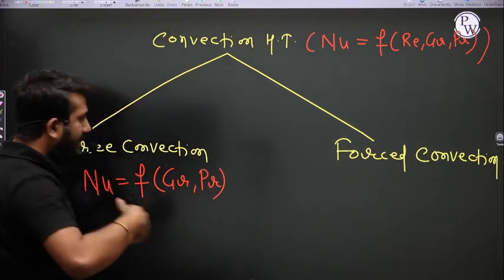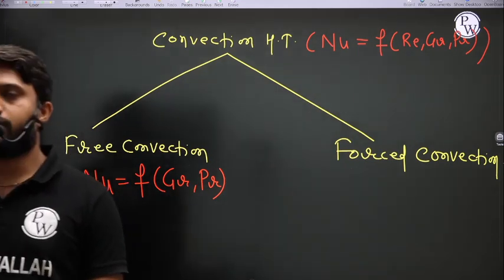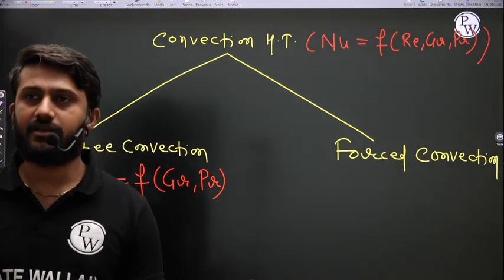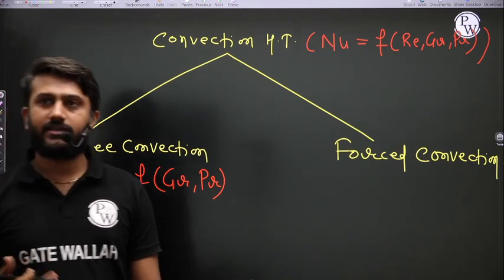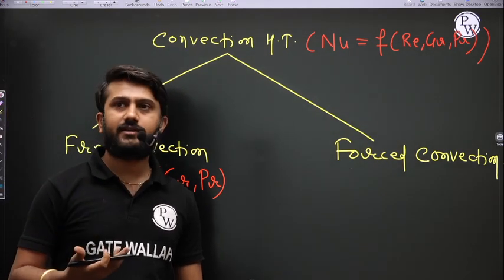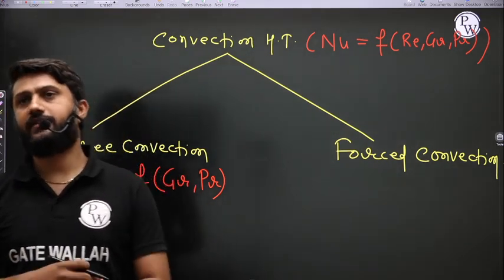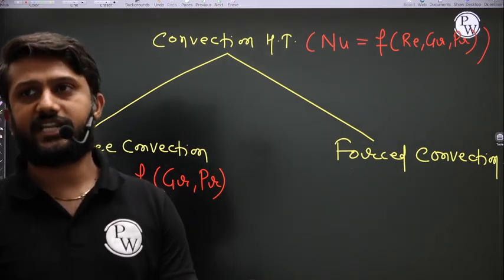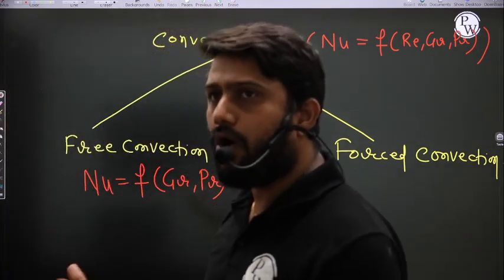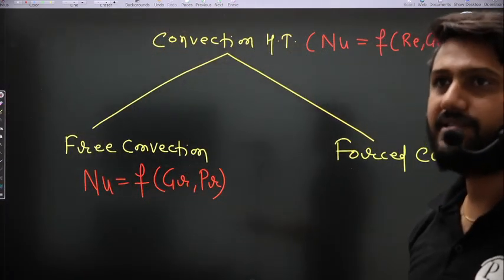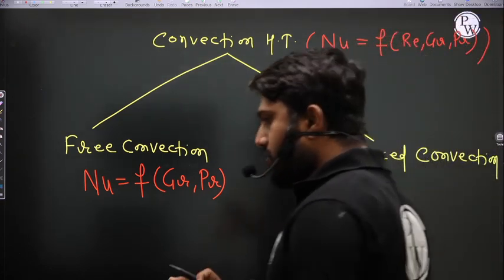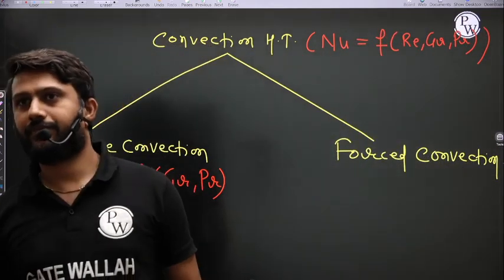Whatever empirical formulas you observe in free convection, there is a Grashof number and a Prandtl number, or the product of these two, that means the Rayleigh number. But you are not finding the Reynolds number anywhere.